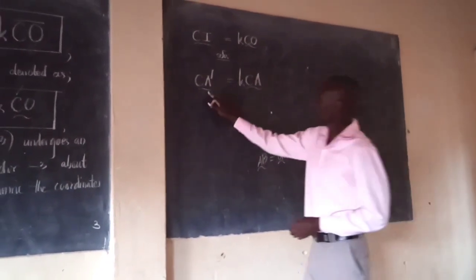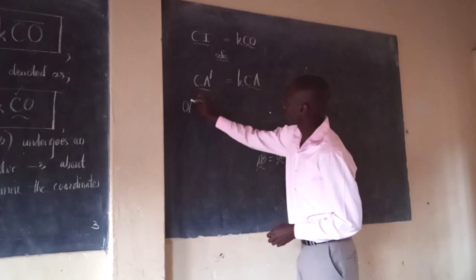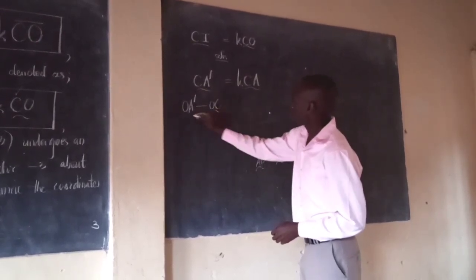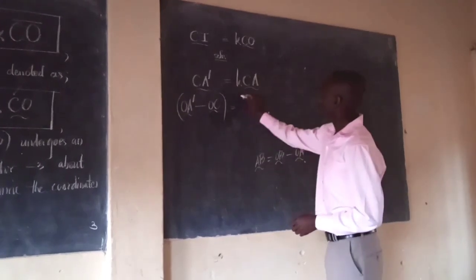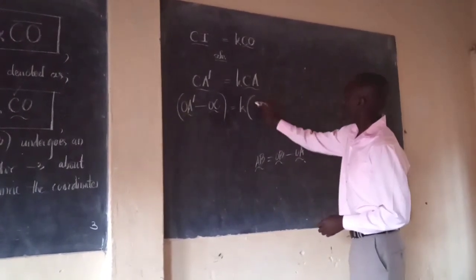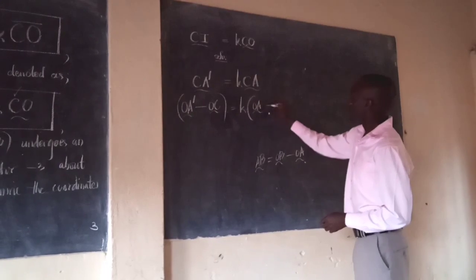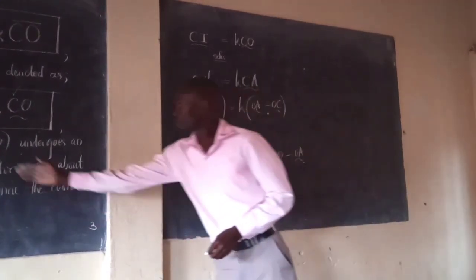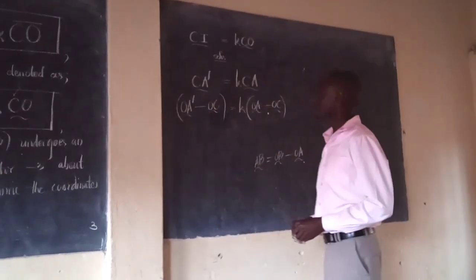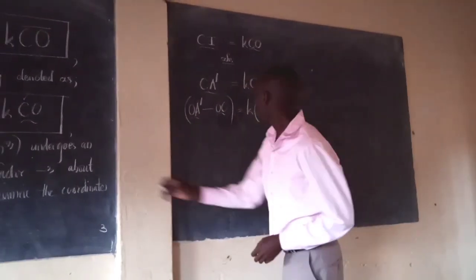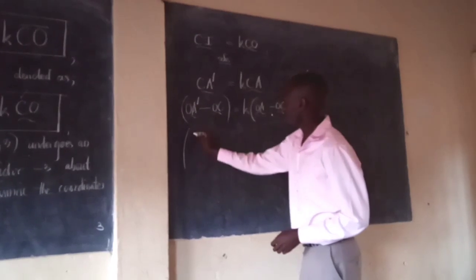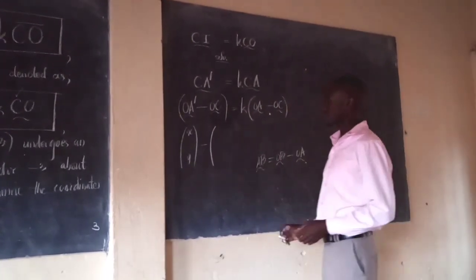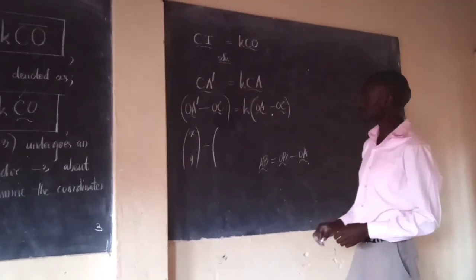So in this situation, we will simply say position vector of the last letter minus the position vector of the first letter is equal to K into position vector of the last letter minus the position vector of the first letter. If you have the coordinates, then the position vectors are obvious. Since we don't know the image A prime, we will take its position vector to be unknown. We are under matrices. The position vector is a column matrix.